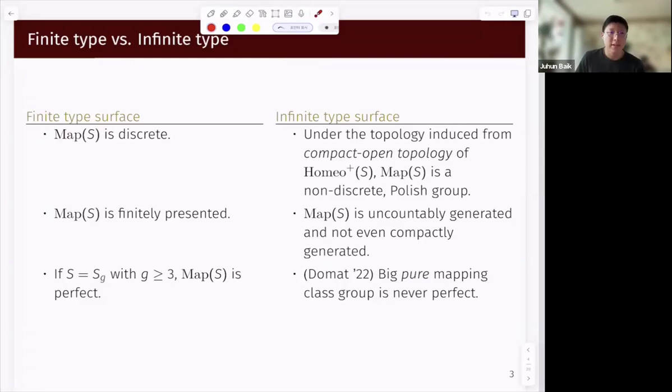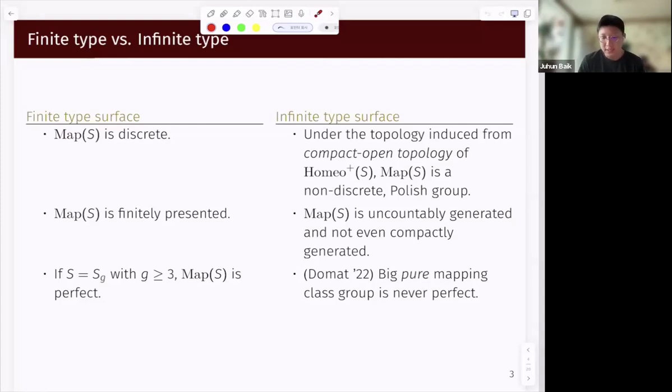isolated, because you can choose an exhaustion of the surface. Exhaustion means you collect compact sets, each bigger than the former one, and you go bigger and bigger. Consider any map which is identity on that compact region, and if you push out the region which is not identity, it will converge to the identity.